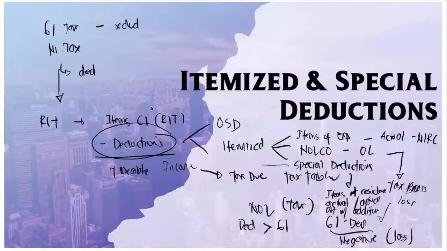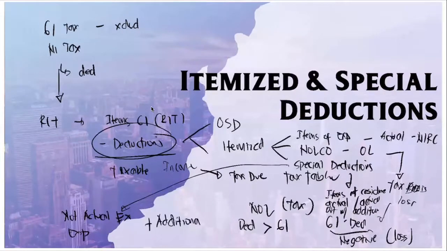So normally it's an additional amount based on a particular expense, or there's no actual expense. However, there is an additional amount that can be taken as a deduction. This is provided under our laws.